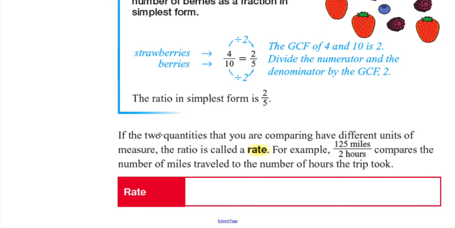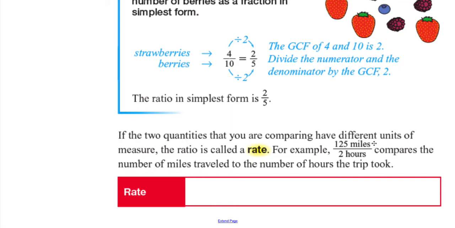So let's talk about another word. If the two quantities that you are comparing have different units of measure, the ratio is now called a rate.